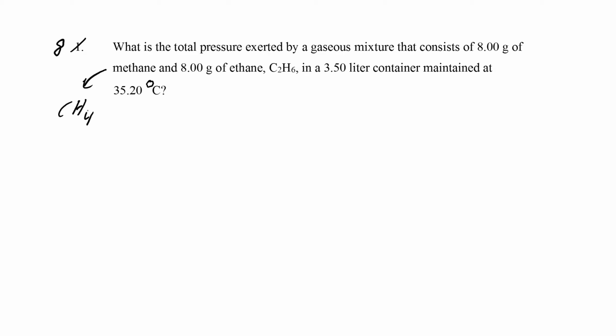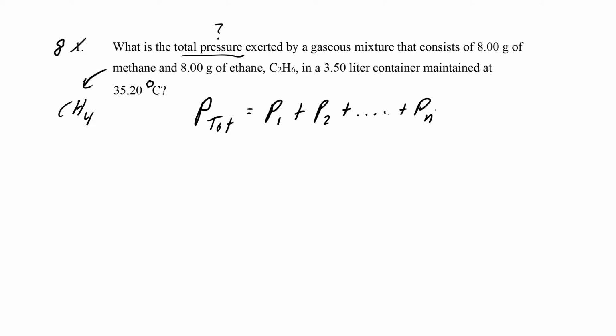And since the problem is asking for the total pressure, we have to use Dalton's law of partial pressures, which says that the total pressure in a particular system is going to be equal to the sum of the pressures, or partial pressures, of all the gases in that particular mixture. So it could have any number of gases.